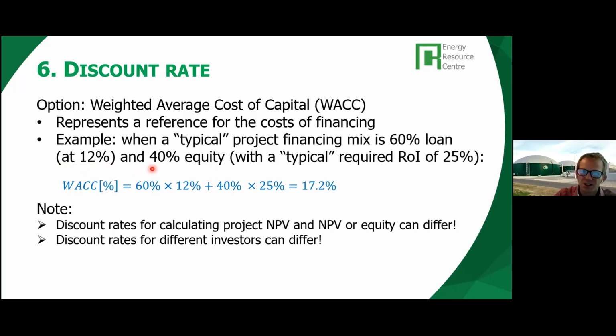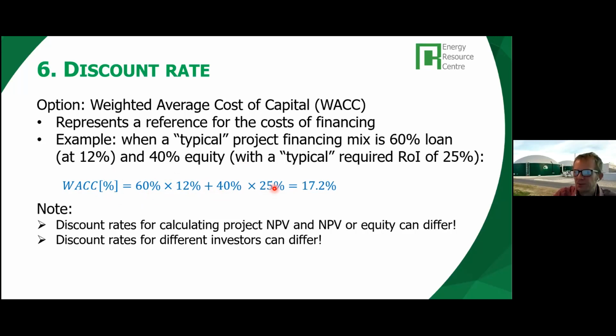If there would be, let's say, less bank loans, maybe a maximum of 50%, then again the relatively lower cost of loan capital would be reduced, and the required amount of equity capital would be increased, which would also affect the weighted average cost of capital.